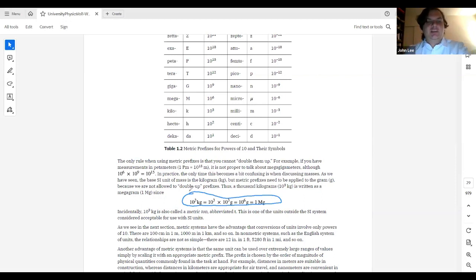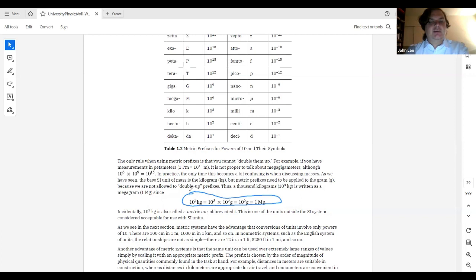So 10 to the 3rd kilograms is going to be 10 to the 3rd times 10 to the 3rd grams, because each kilogram is going to be equal to 1,000 grams.